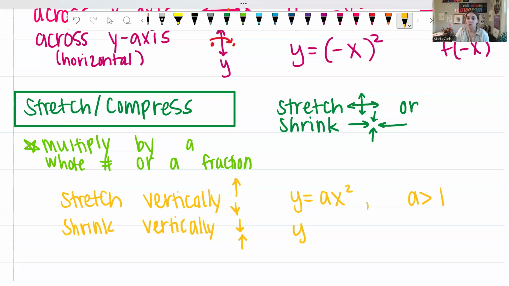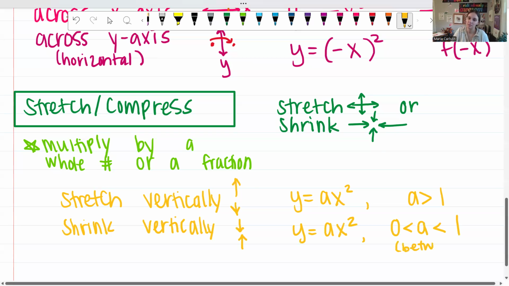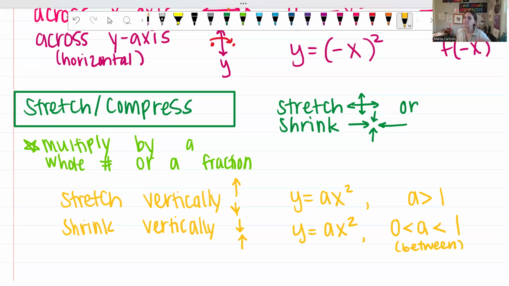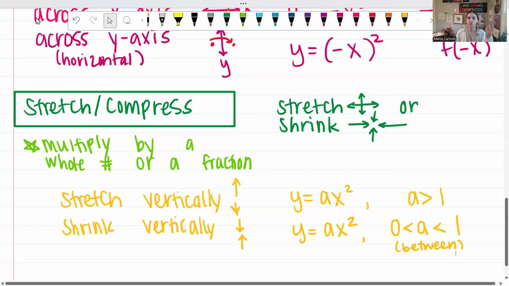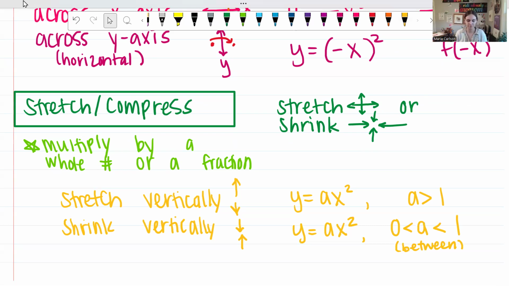And now this is still just going to be y is equal to ax squared, but now a has to be some number between 0 and 1. So I'm going to say 0 is less than a, which is less than 1, meaning it's between 0 and 1. So maybe this is 1/2 or 0.2 or 0.75. Any of those are going to shrink your graph vertically.